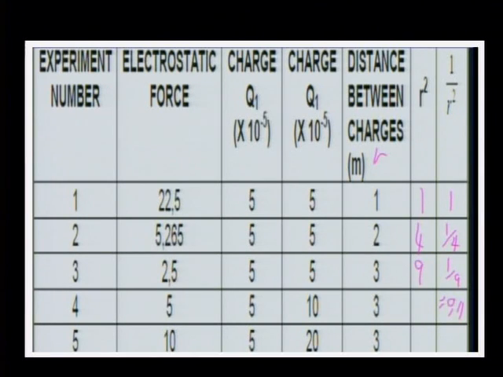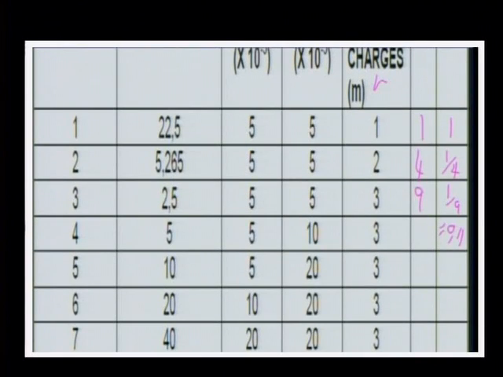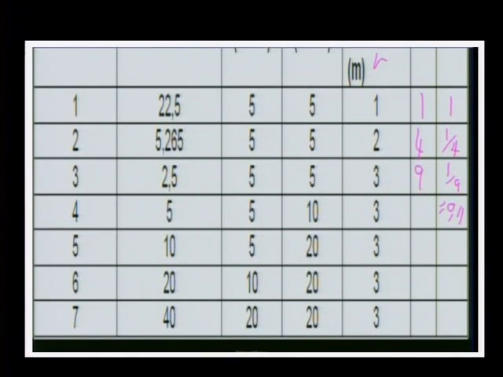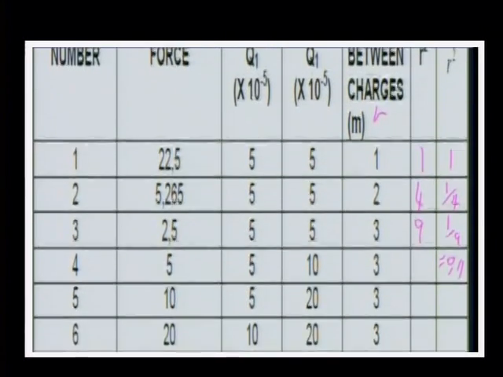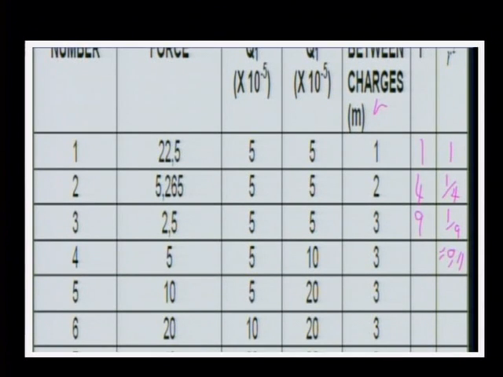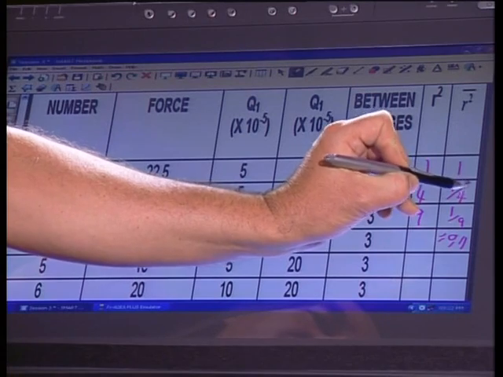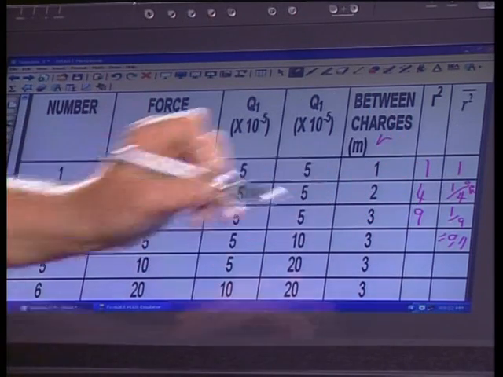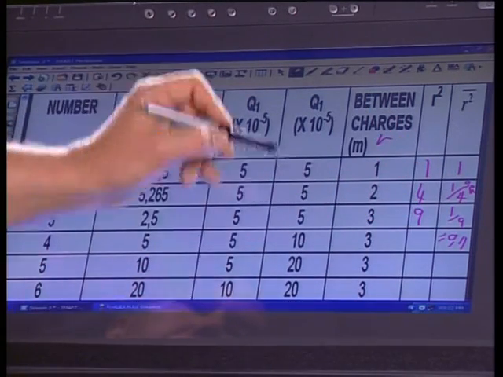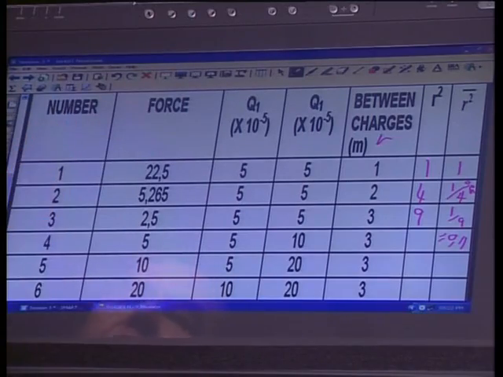Okay, well, the next part of that question was we were asked to draw the graph, to show the relationship. Now, those numbers are not very pleasant. We've got 1, 0,01, 0,25, and 1. Now, we've got to plot that against the force.